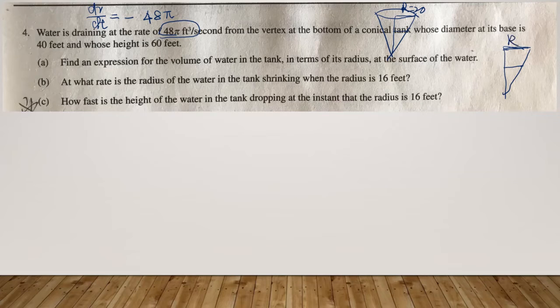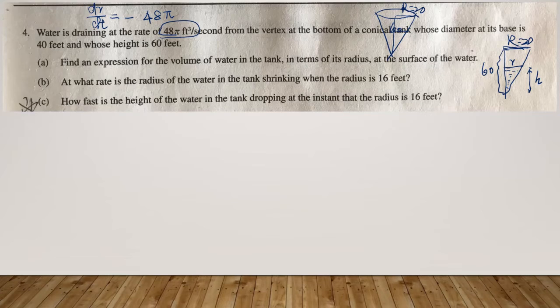So this is R equals 20 feet. And the height is 60, so this is 60 feet. Now we set the radius of the surface as small r, and the height is small h.